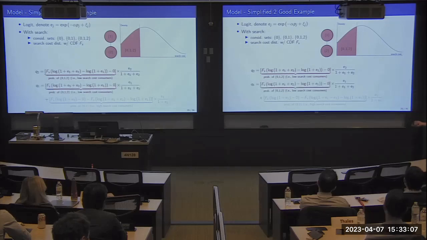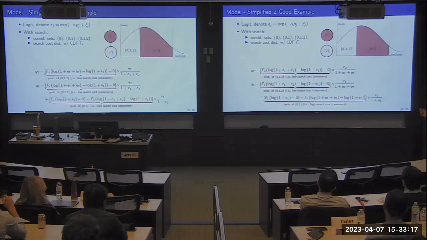These low search cost consumers are obviously not just seeing product 2, they also see product 1, and so they're in product 1's market share equation as well. Product 1 also gets all the individuals that have the low search costs. And importantly, they're also competing only with the outside option for those individuals.